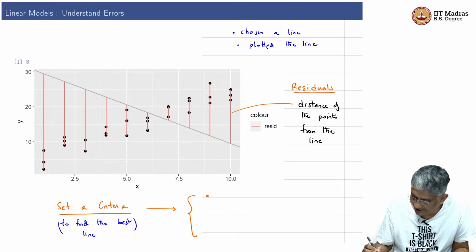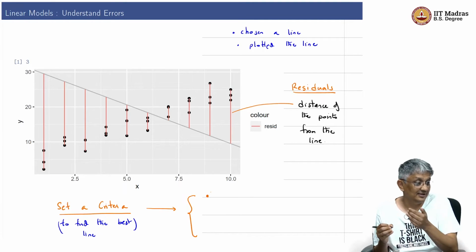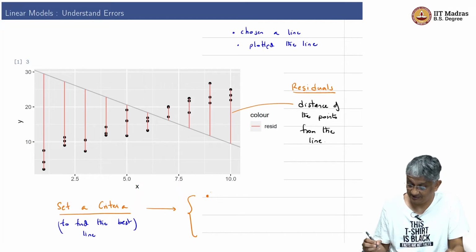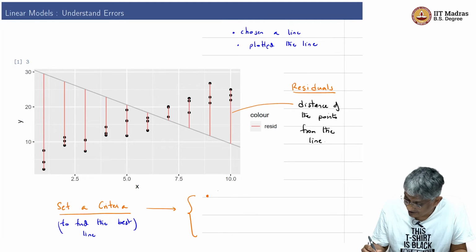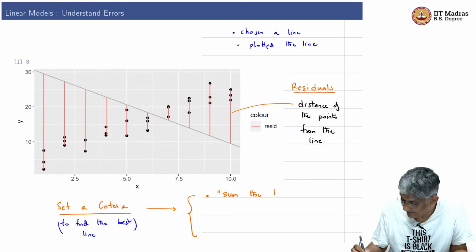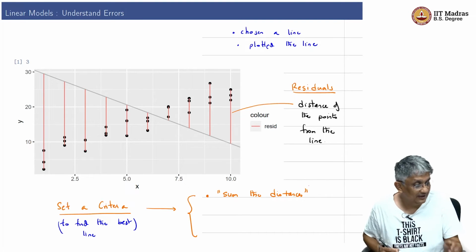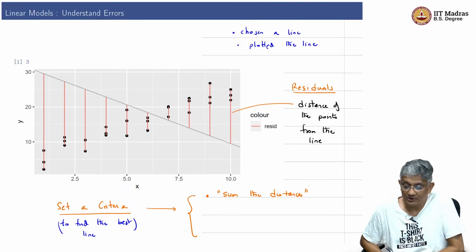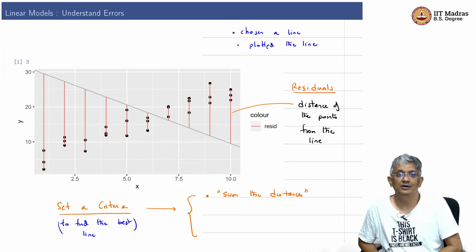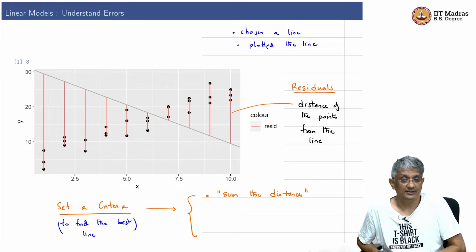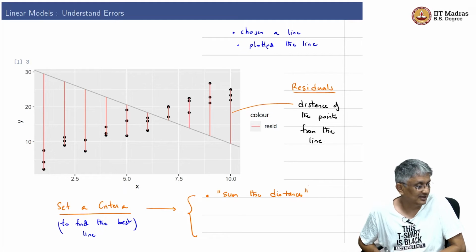So the first criteria one could use is that I could just sum the distances. But let's see what's the good part and the bad part about it. The good part is it's an easy thing to do. You have the distances clearly, sum it up.